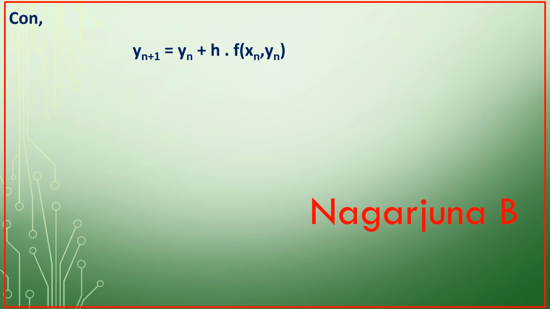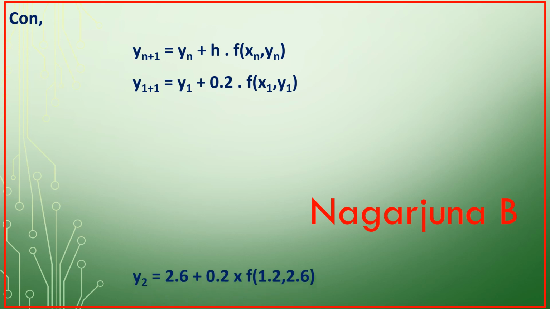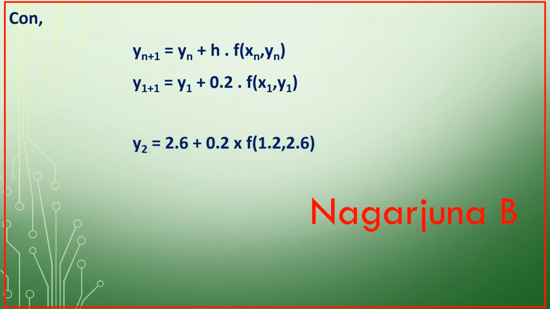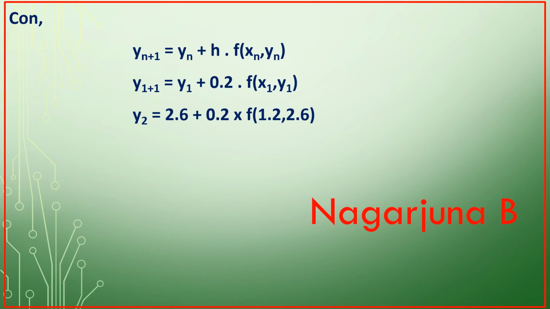Therefore, y1 plus 1 is equal to y1 plus h value 0.2 into f of x1 comma y1, and 1 plus 1 will be 2. Therefore, we can write y2 is equal to, writing the values of y1, x1, y2 equal to 2.6 plus 0.2 into f of 1.2 comma 2.6.